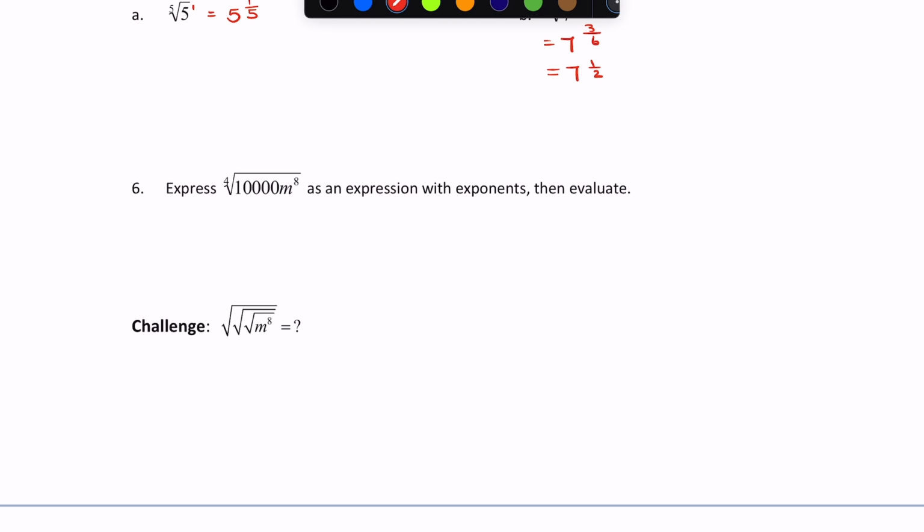Here it says express the fourth root of 10,000 m to the power of 8 as an expression with exponents, then evaluate.